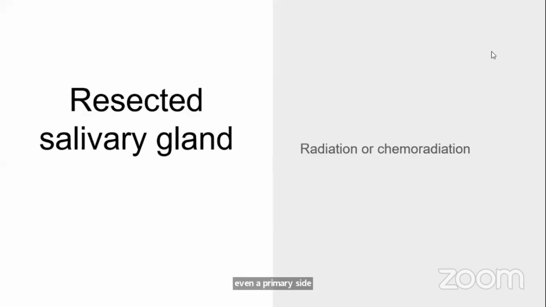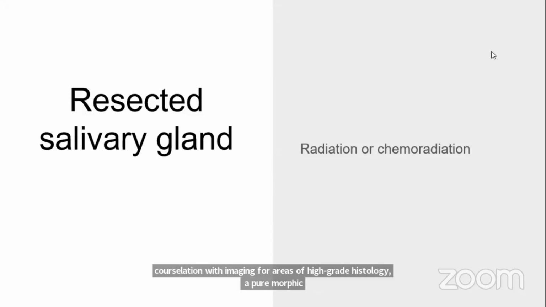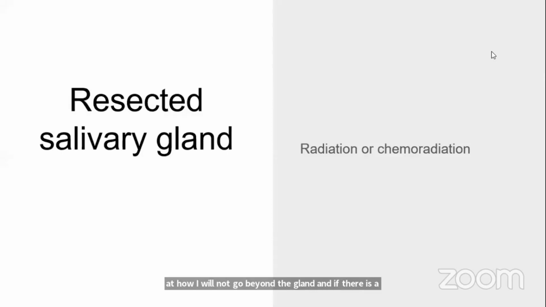But as we know, the metastatic clone may always be the highest grade of tumor. In this case, it will be about the amenability of the two lesions and correlation with imaging for areas of high grade histology. A pleomorphic adenoma will not go beyond the gland, and if there is a soft tissue component that is targetable at the local site, that will also give us the high grade component.